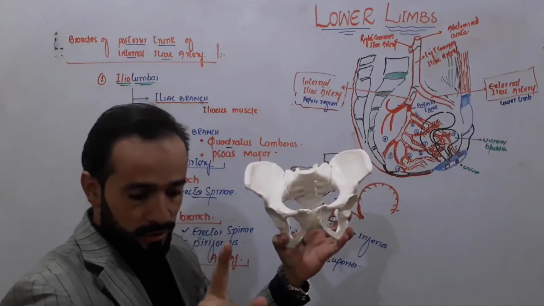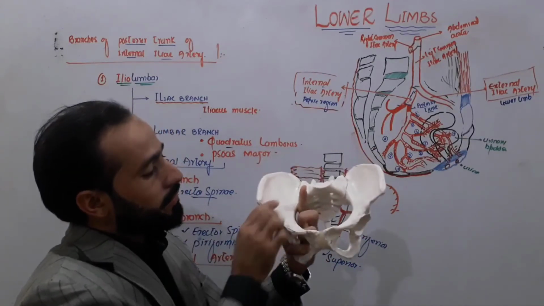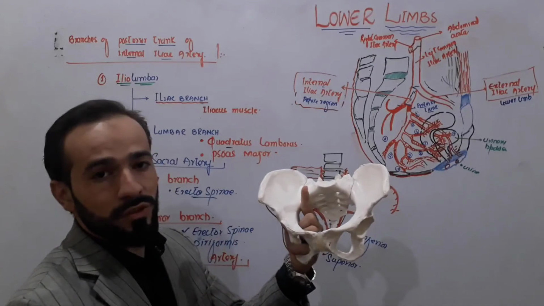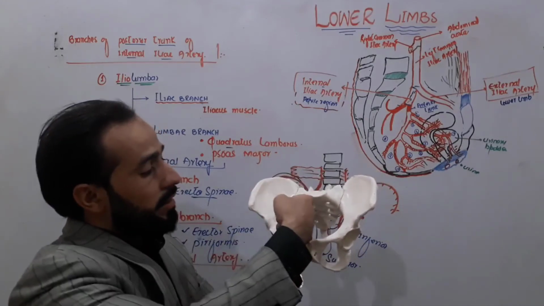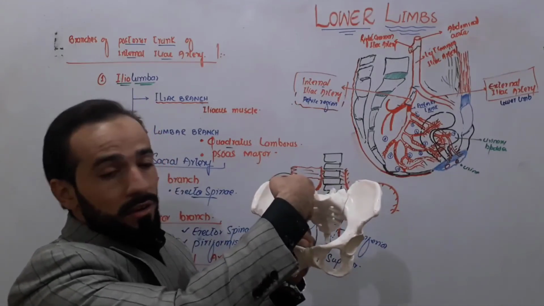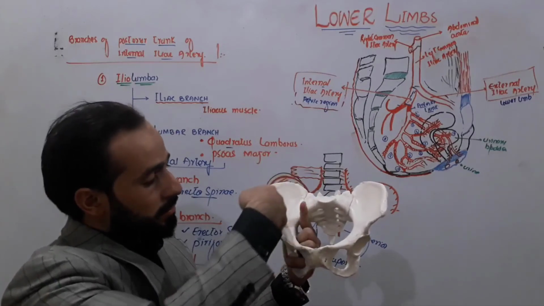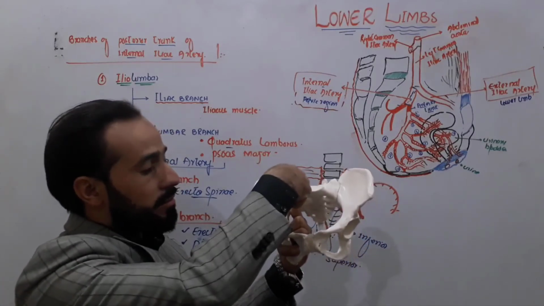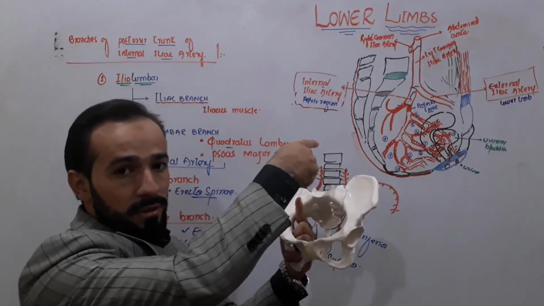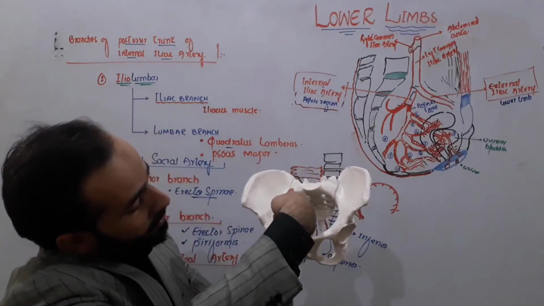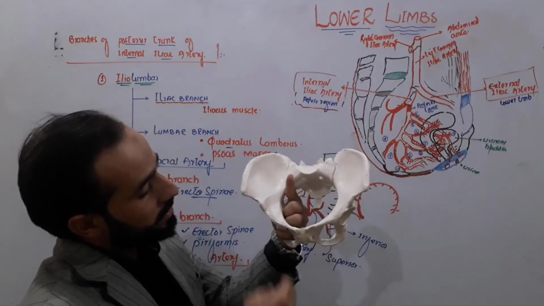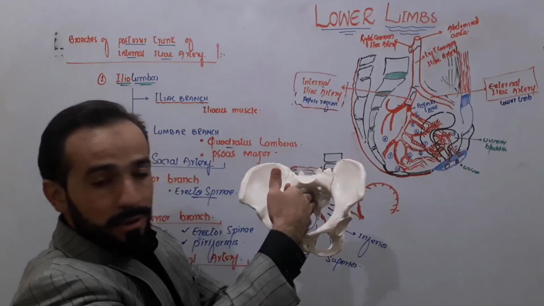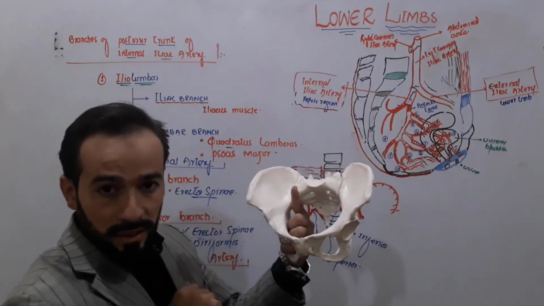So let me show you once again. This finger shows the posterior trunk. From it there is a branch called the iliolumbar branch. One branch goes to the ilium and the other branch goes to the lumbar vertebrae. Then there is another branch that goes to the lateral sacral vertebrae, so that is called the lateral sacral branch.